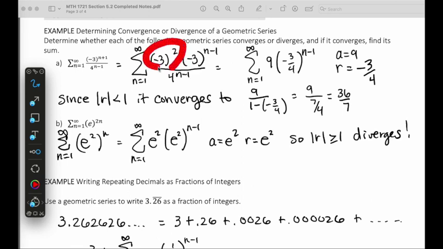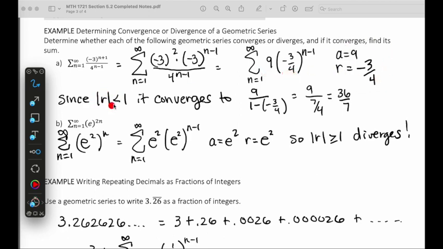When I simplify this, the (-3)^2 gives me 9. And since my powers are the same here and here, I can rewrite this as (-3/4) all raised to the power of n minus 1. So now I have it in a form where I can identify a and r. a is 9 and r is -3/4.